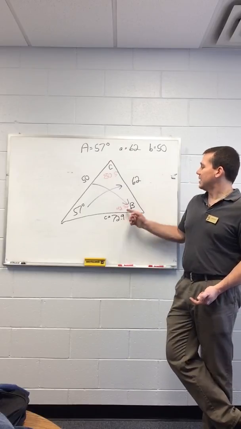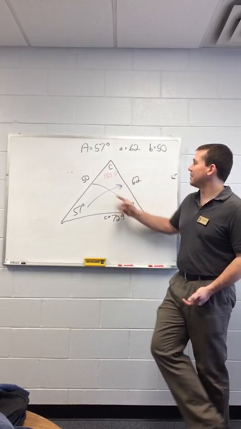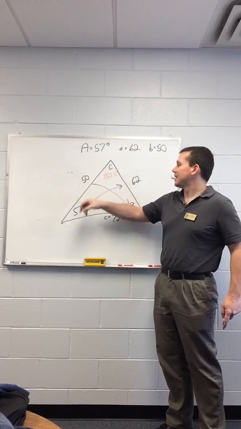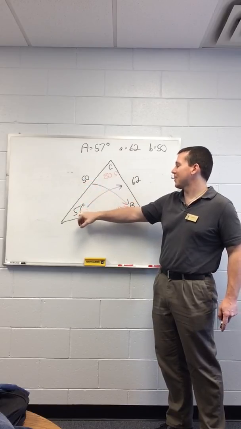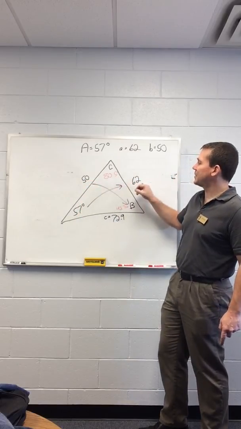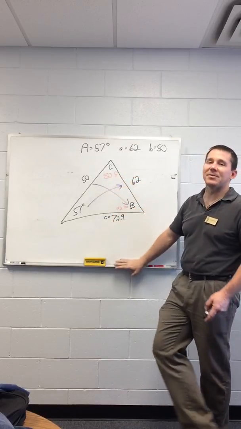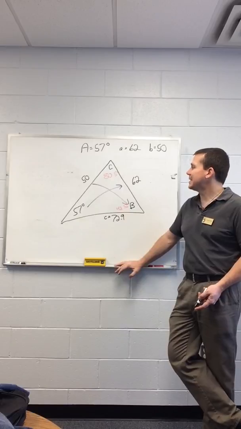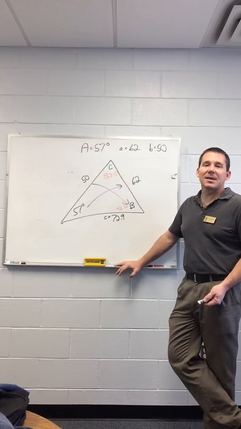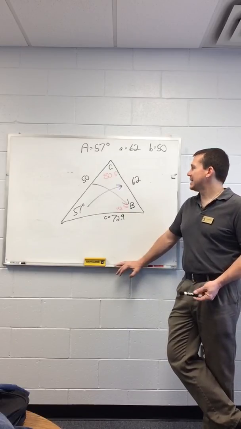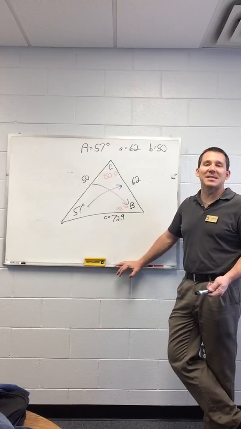This is the smallest angle, 42.5, and its side is 50. The next angle is 57, and it opens to the side of 62. The biggest angle is 80, and it opens to the biggest side, 72. So it's logical. It makes sense. Just check things like that and see that your triangles make sense.